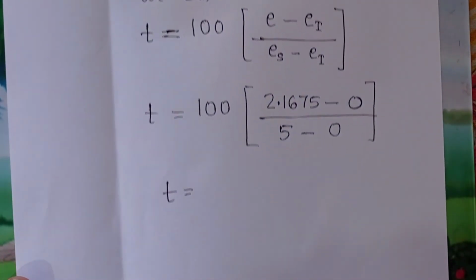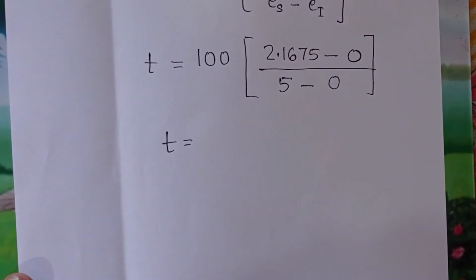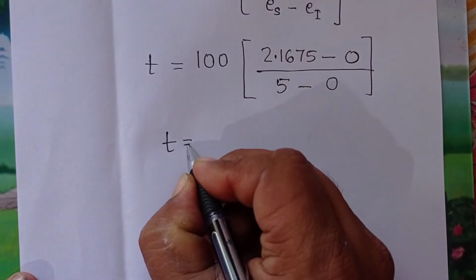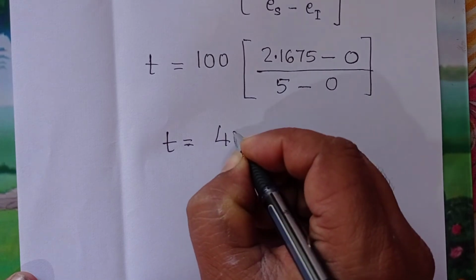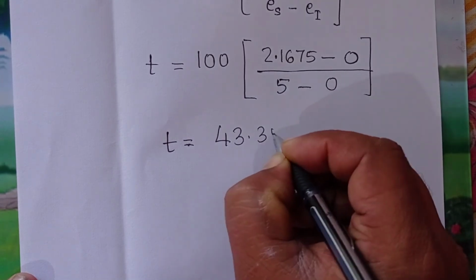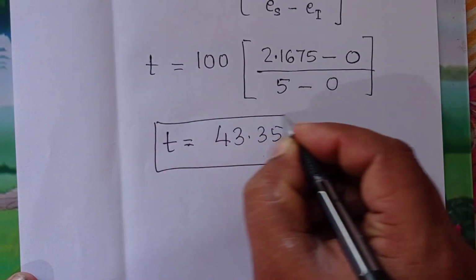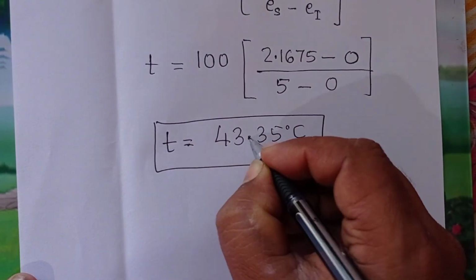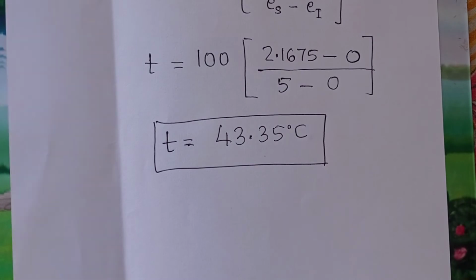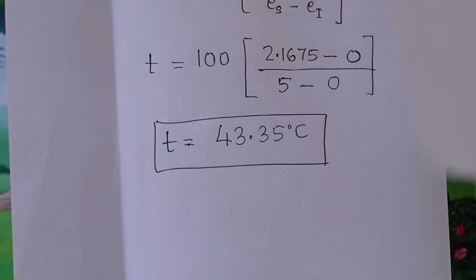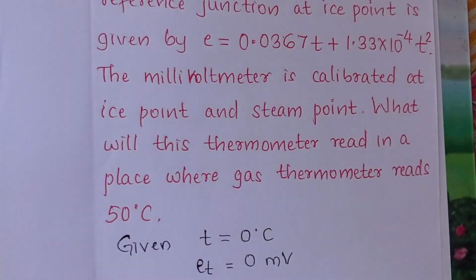When I solve this equation, I will get the temperature as T equal to 43.35 degree centigrade.